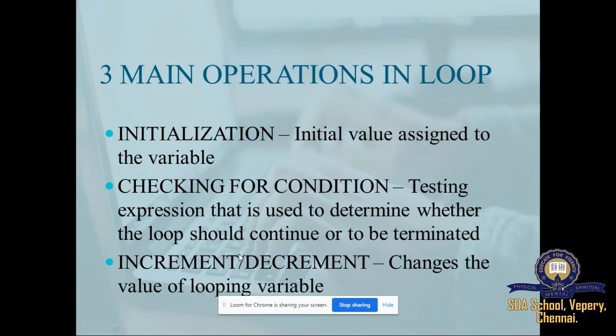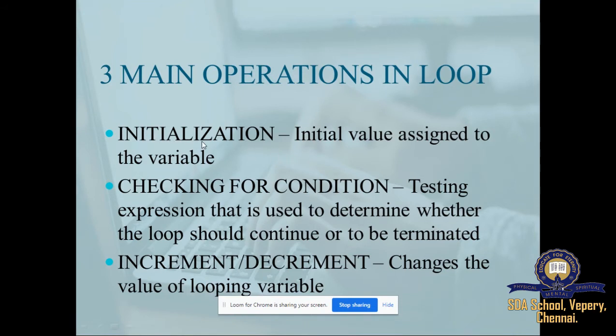And third thing is your increment and decrement operator. You will have studied this operator, plus plus, minus minus. It is going to increase the value by 1 or whatever you have specified. If you specify i is equal to i plus 2, which means you are incrementing the value by 2. So it changes the value of the looping variable.